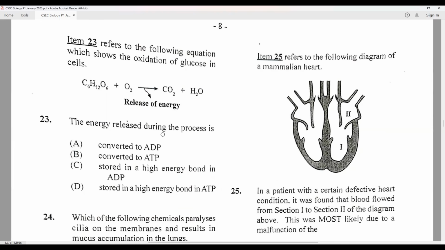The energy released during the process is stored in ATP, and that has the bonds for energy to be released. So it is stored in high energy bonds in ATP. ATP stands for adenosine triphosphate. When the bond is broken, it becomes adenosine diphosphate. So it goes from 3 phosphates to 2 phosphates.